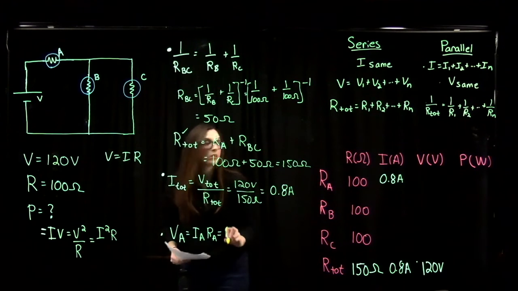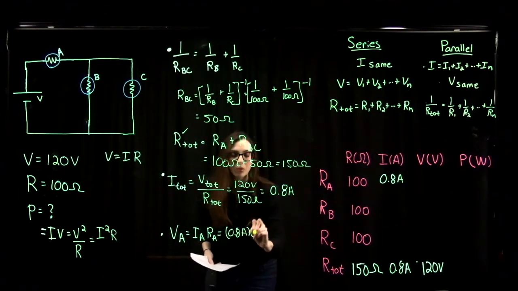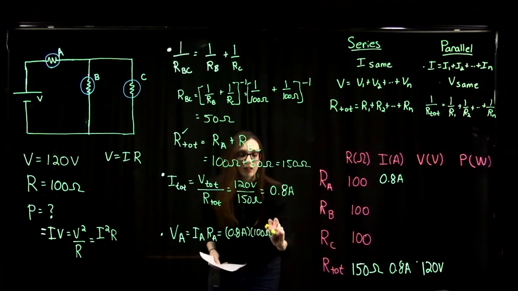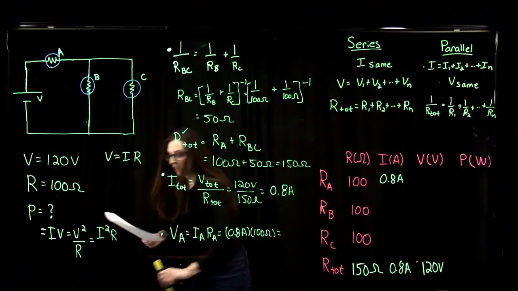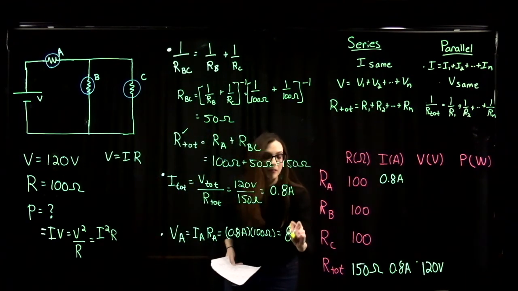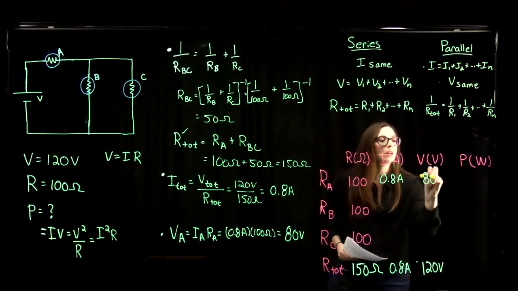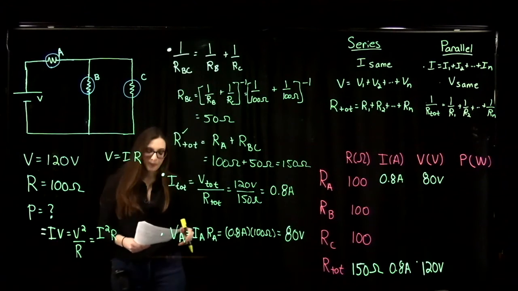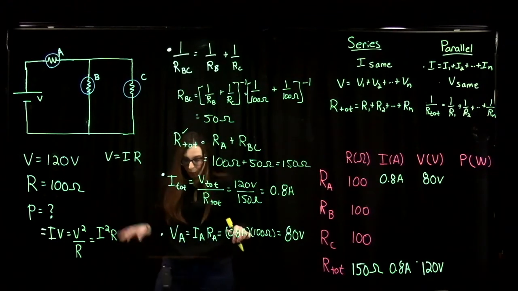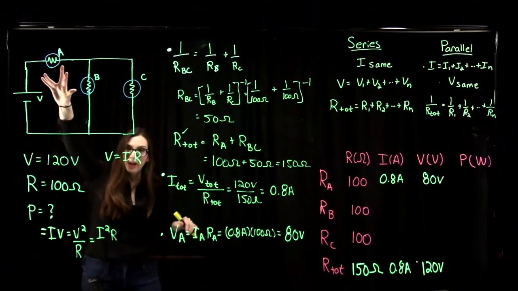So that's 0.8 amperes times 100 ohms, and that gives us a potential across bulb A of 80 volts.